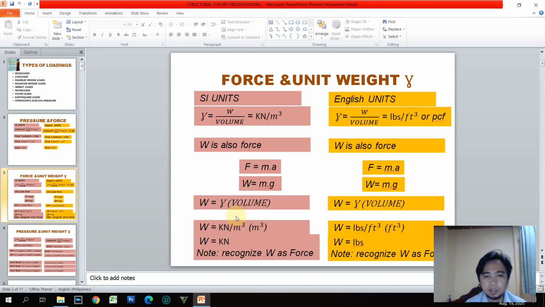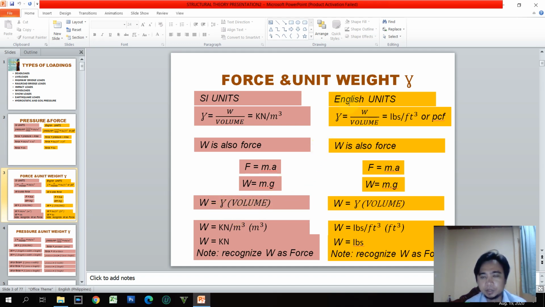So in most of the references we have, they have already derived gamma for almost any engineering material we wanted to use, like concrete, reinforced concrete, plain concrete, or even hollow blocks or concrete hollow blocks, ceiling materials. So everything that we needed to compute for the self weight, then we can derive it by gamma times volume.